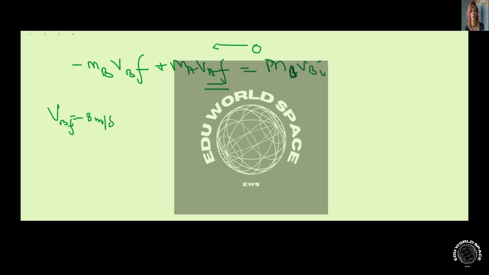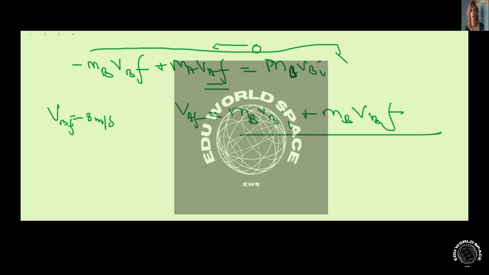Simplifying this problem, you see that VA final, if we move stuff, we get MB VBI. This is going to move to the other side. It becomes positive MB VB final, all over your own mass.